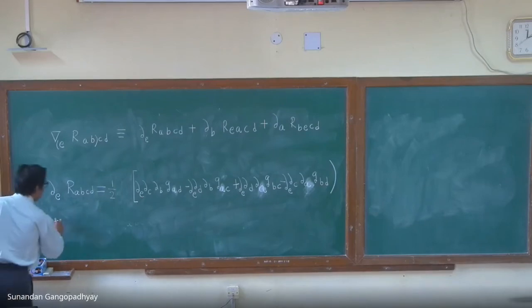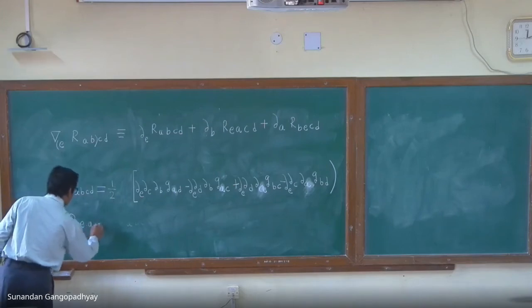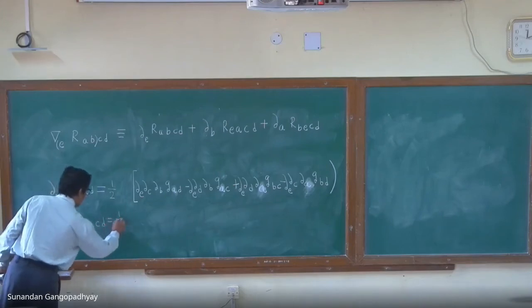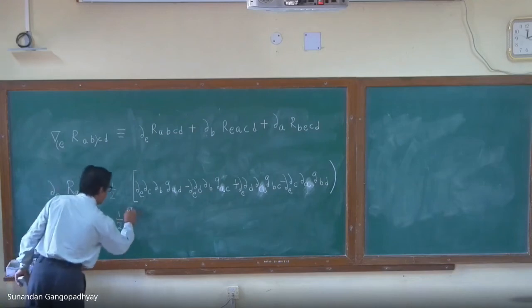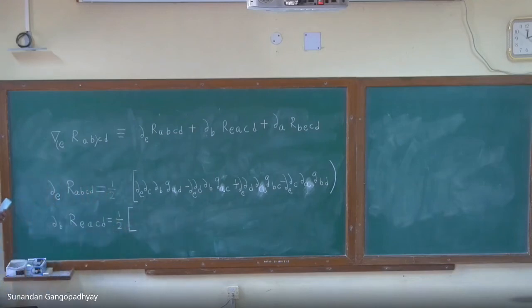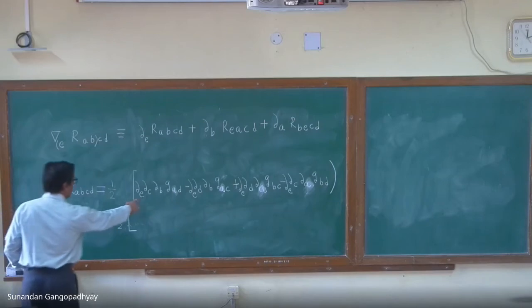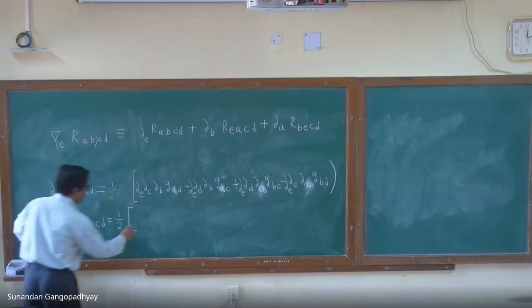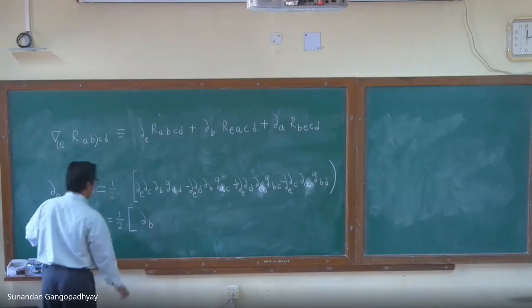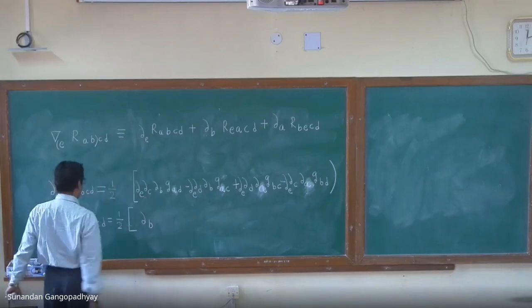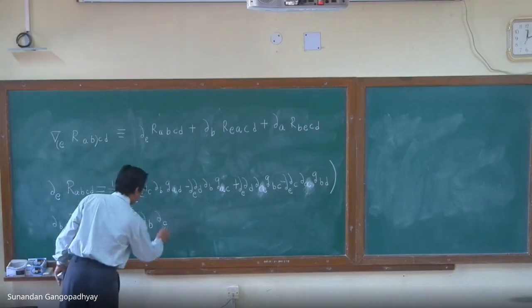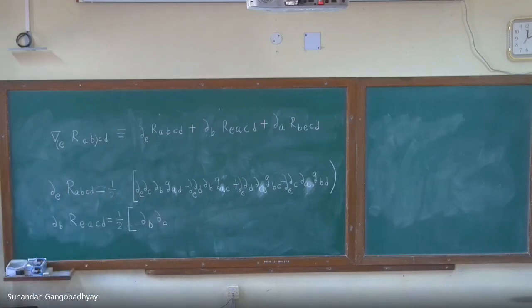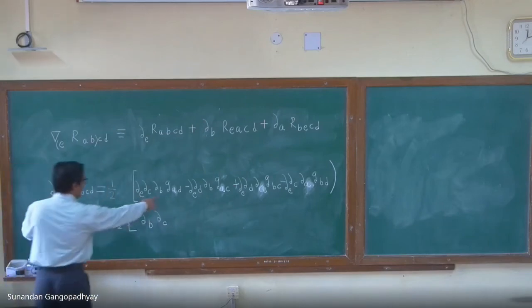Now we need to calculate del_E R_EAC. That is very easy to write down. This is del_E, so E gets replaced by B. This will be del_B. C is C, don't replace C. This is del_C.